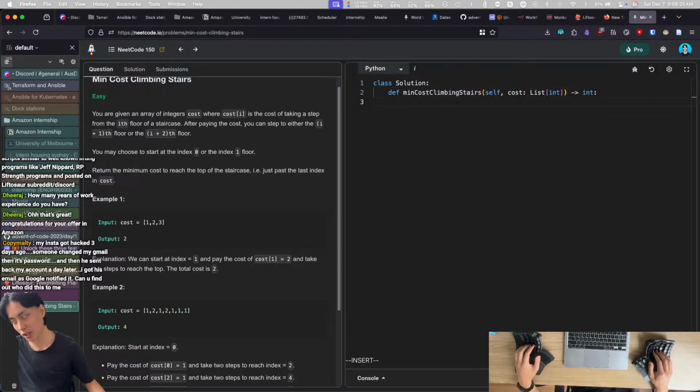So I can think of this as a decision tree problem. It'd be a DFS problem likely, and then if it's not efficient enough, you can go to a memoized approach or a bottom-up dynamic programming approach.